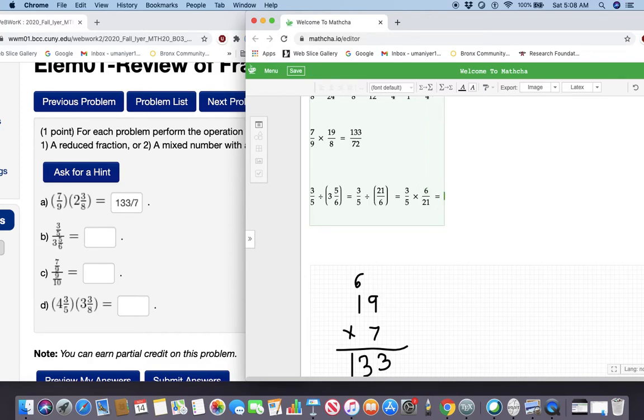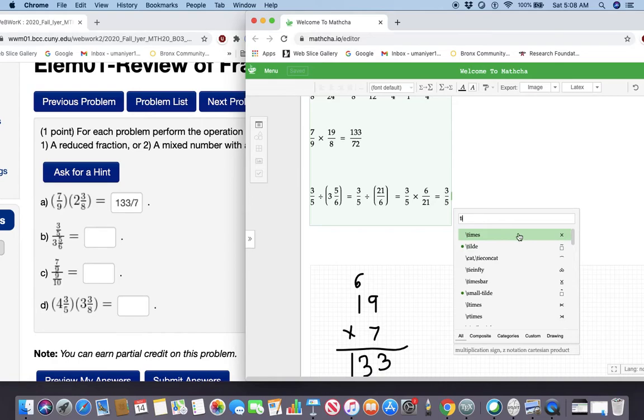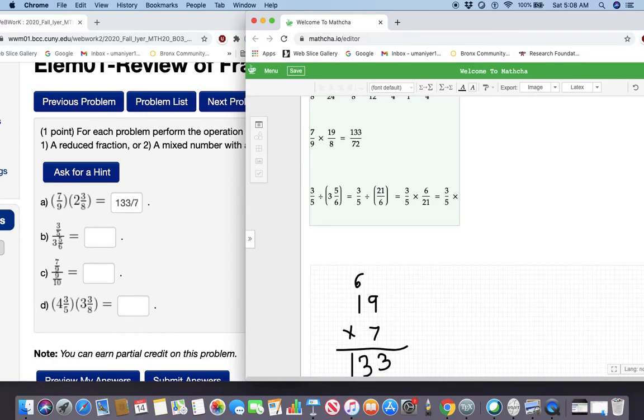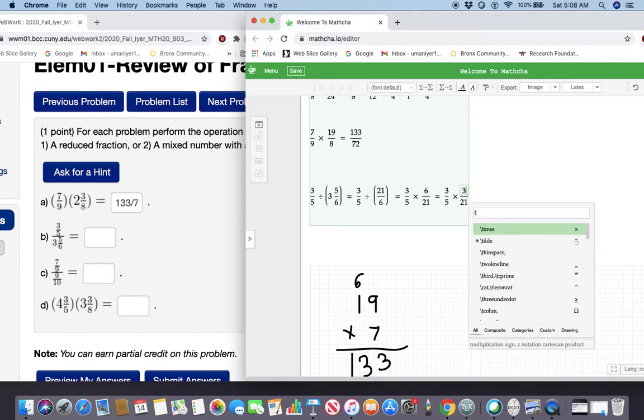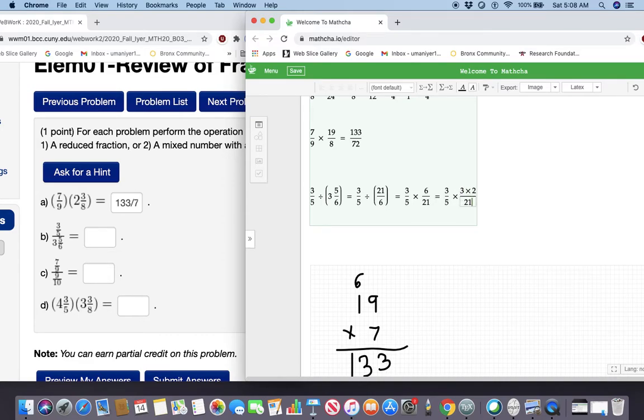At this point, we can start reducing. So notice I can reduce here already. Let me write down 3 over 5 times 6 over 21. Notice 6 over 21 can be reduced because 6 is 3 times 2 and 21 is 3 times 7. 3 is a common factor, so that can be reduced.